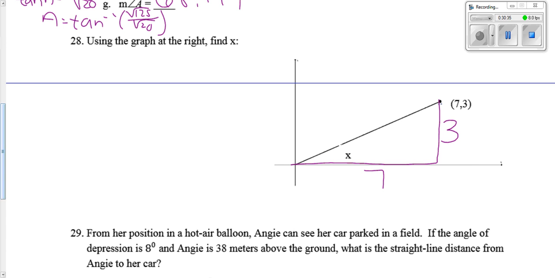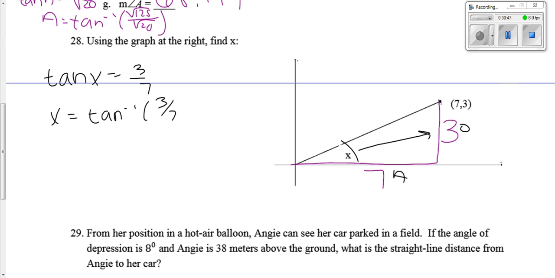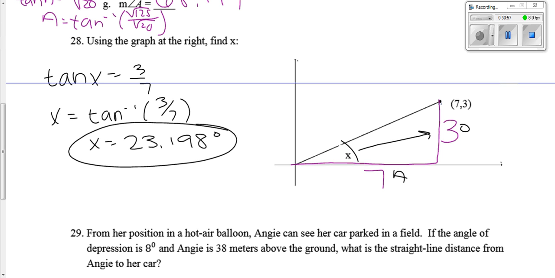So then I can use my trig. 3 is my opposite, 7 is my adjacent. So tangent of x equals 3 over 7. So x is tangent inverse of 3 over 7. So x is 23.198 degrees. Okay.